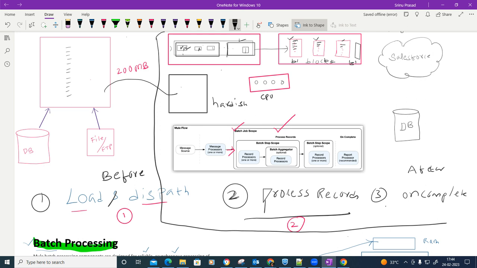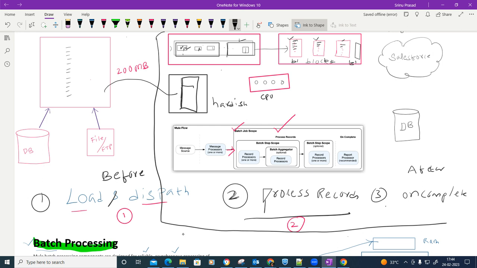It's temporary. Remember, it's not permanent. I'm storing this 200 MB file on my hard disk. How am I storing it? In terms of persistent queues. Queues make this data easy to process.